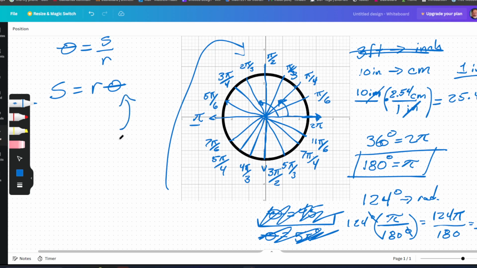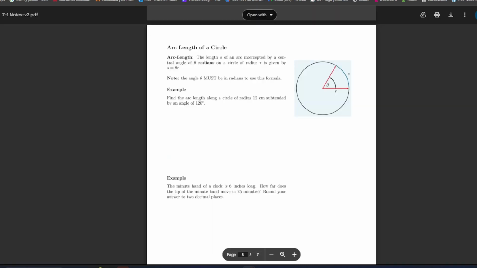But again, only if that is in radians. If it's in degrees, it doesn't work. So make sure you're careful with that tool. Similar tool with the hands of our clock.